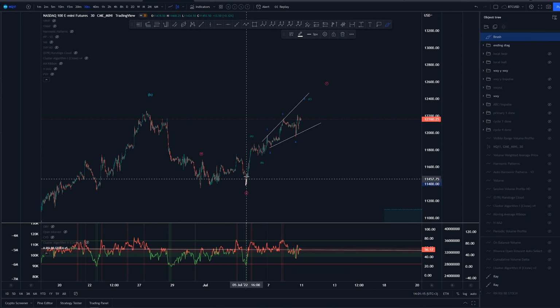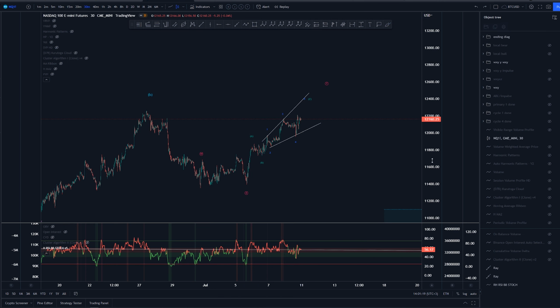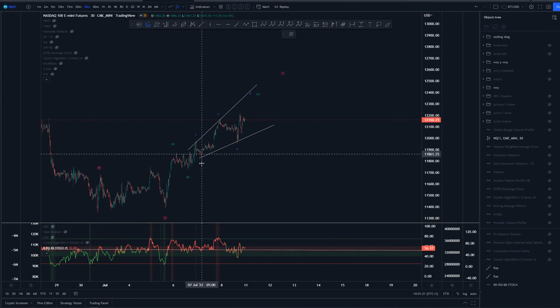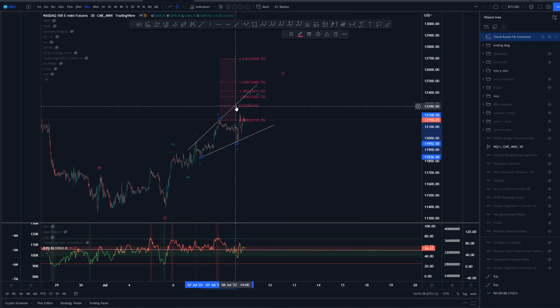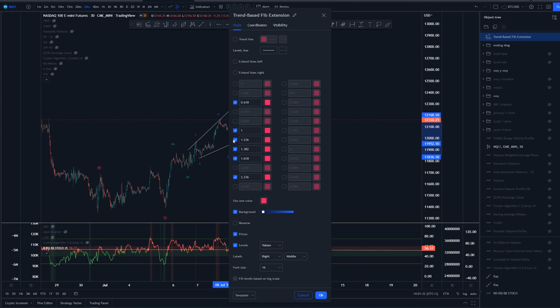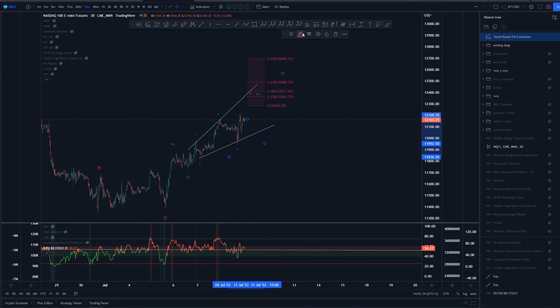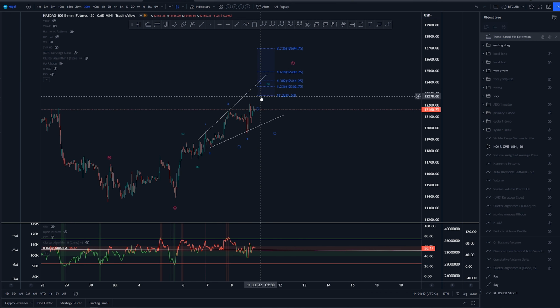So in this case, again, we would have an A, B, and then C. C would need to go, let's see, the minimum target is quite high at 1-to-1, which is around the $12,284 area, and that is the minimum we would want to see.